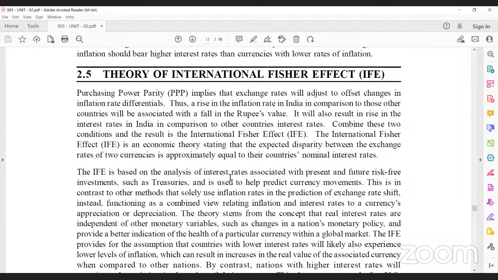Now, combining these two conditions, we have the result of IFE, wherein it states that the expected difference between the exchange rates of two countries is approximately equal to the difference in nominal interest rates.